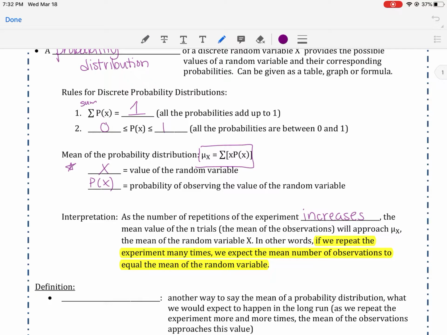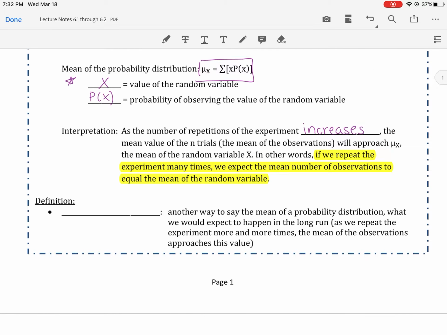The last thing here is another way to say the mean of the probability distribution: the mean of x is the expected value. Sometimes you see it written as E of x.